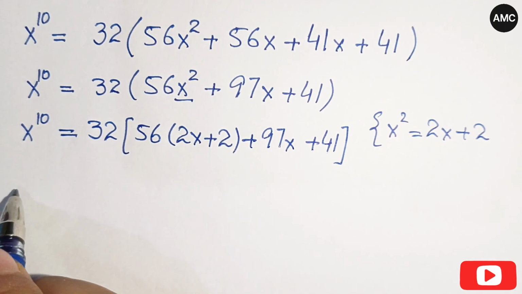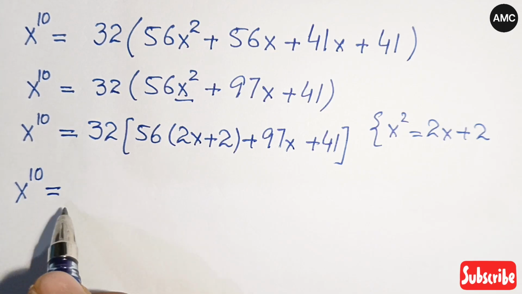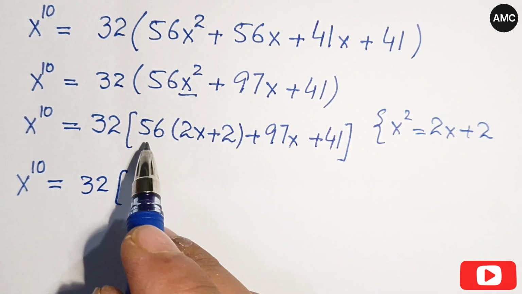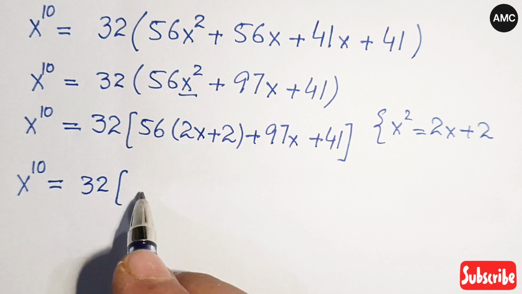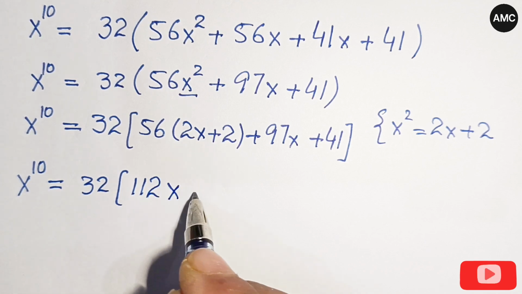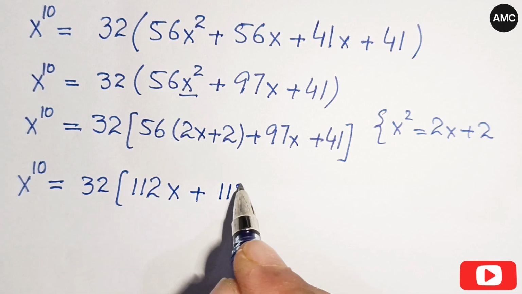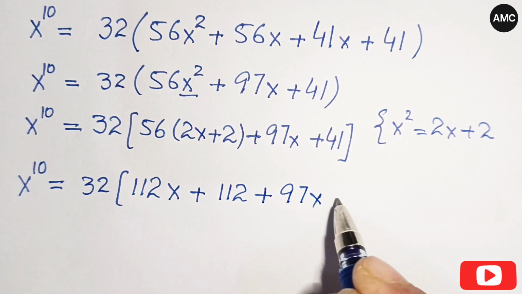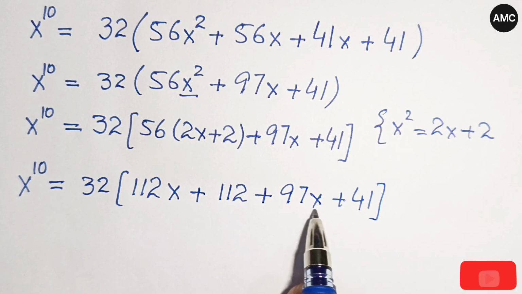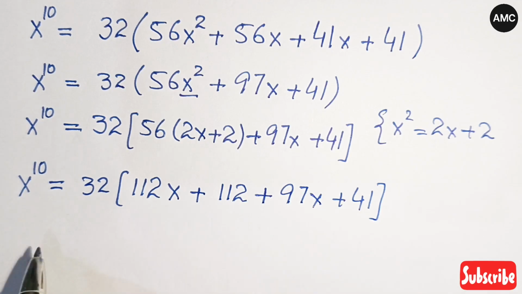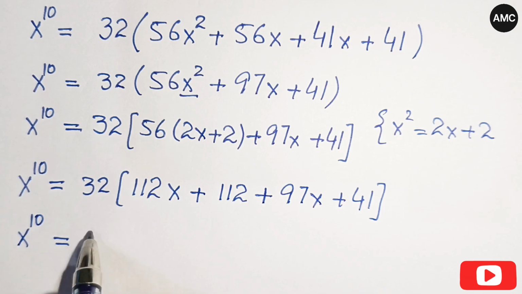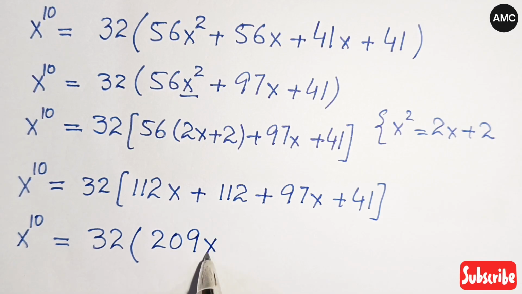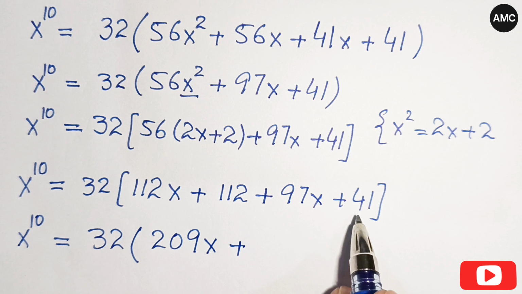Now x to the power 10 is equal to 32 times, that is 56 times 2, we get 112x plus 56 times 2 is 112, plus 97x plus 41. Now 97x and 112x, we have to add this. So x to the power 10 is equal to 32 times, here we get 209x, and adding 112 and 41 we get 153.